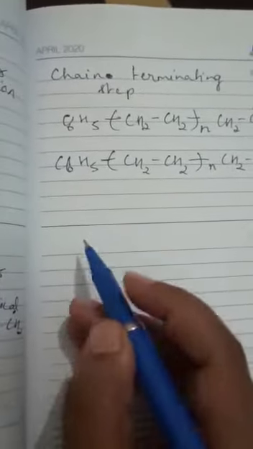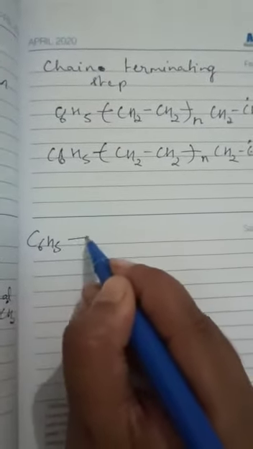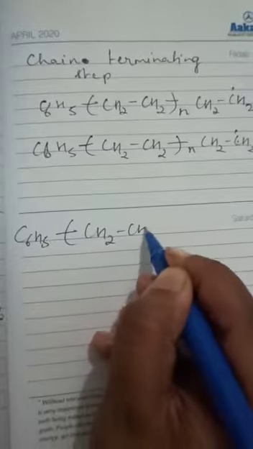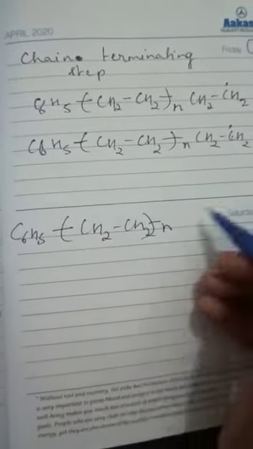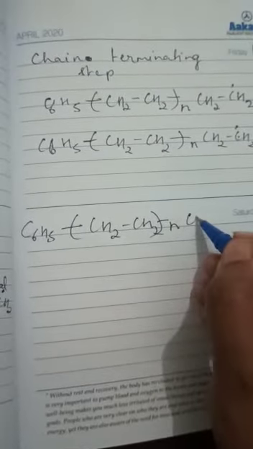Now we will have C6H5, then CH2CH2 whole to the n, meaning n molecules of ethene, then CH2CH2, up to this one.